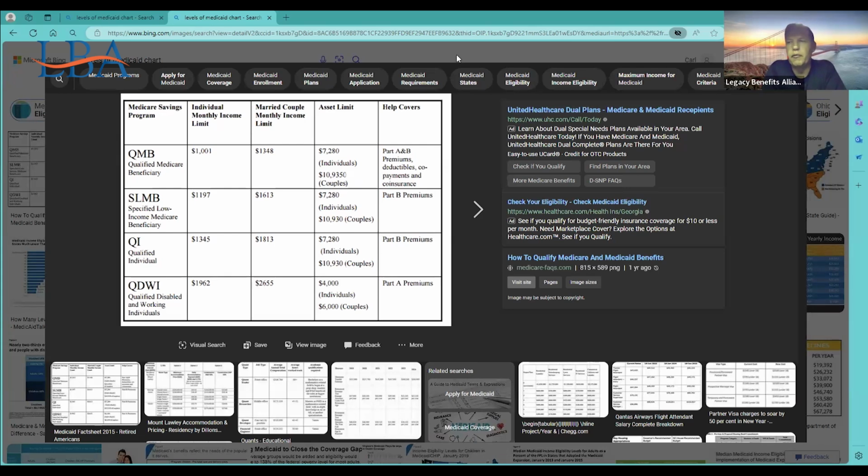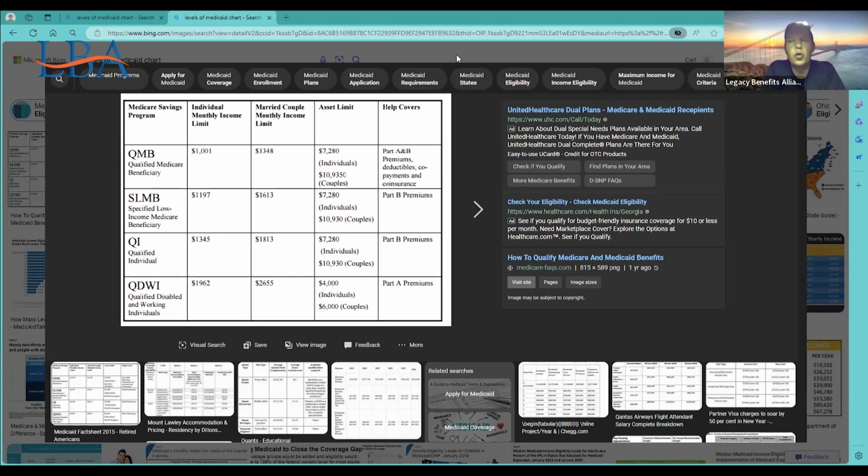Zero copay for doctors, zero copay for hospitalization, zeros across the board, where QI1 would probably still have a premium. So that's where QI1 and SLMB might separate in how they work with the plan. But in general, what I have found is SLMB and QI1 pretty much operate the same.